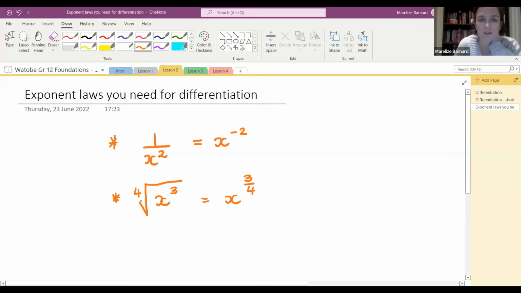So inside over outside. A couple of examples. Root x is x to the power of 1/2. The cube root of x we write as x to the power of 1/3.